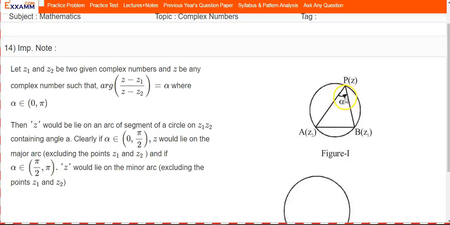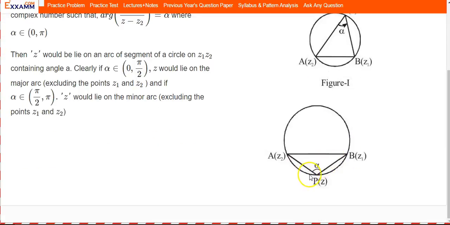If it is less than pi by 2, it would be the major arc, and if it is more than pi by 2, then it would be tracing the minor arc. On this particular fact there will also be questions, and I will explain one or two in our next lecture.